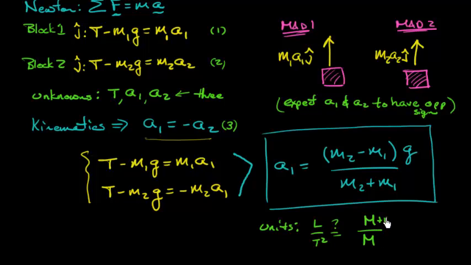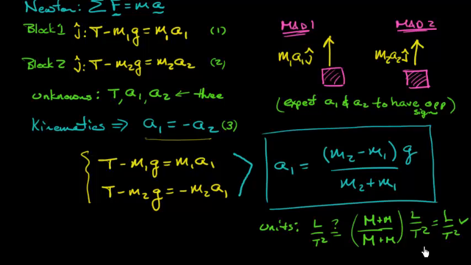I can just say mass plus mass over mass plus mass. And then I multiply this whole thing by g, which is a length over time squared. So mass plus mass is a mass, mass divided by mass is 1, and I just get a length over time squared. Length over time squared checks.